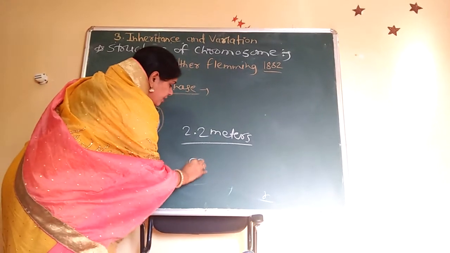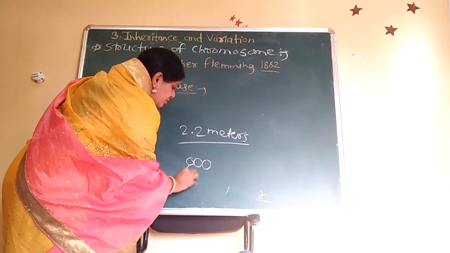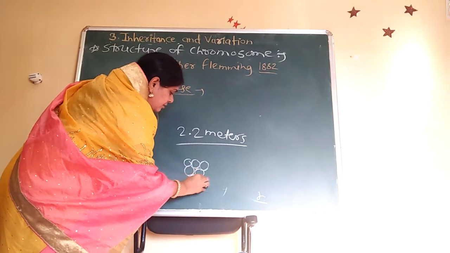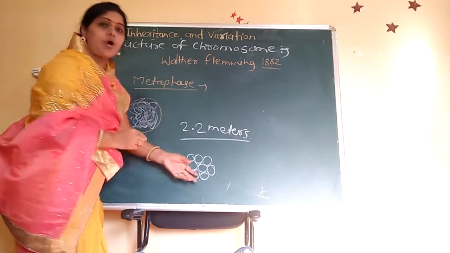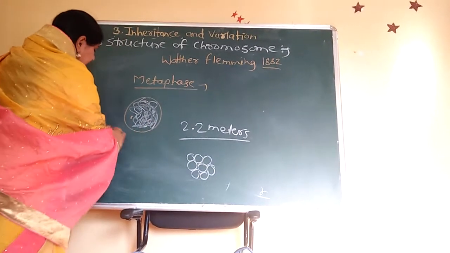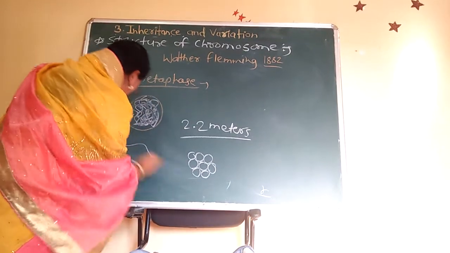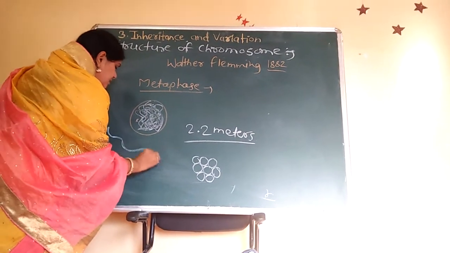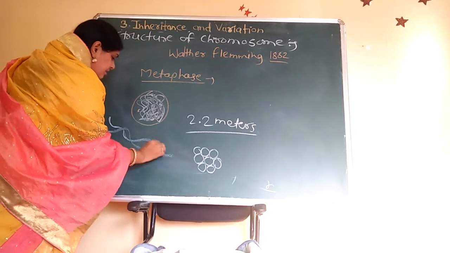The histone protein is a type of globular protein, which is an octamer. We know that DNA is a double stranded helical structure.